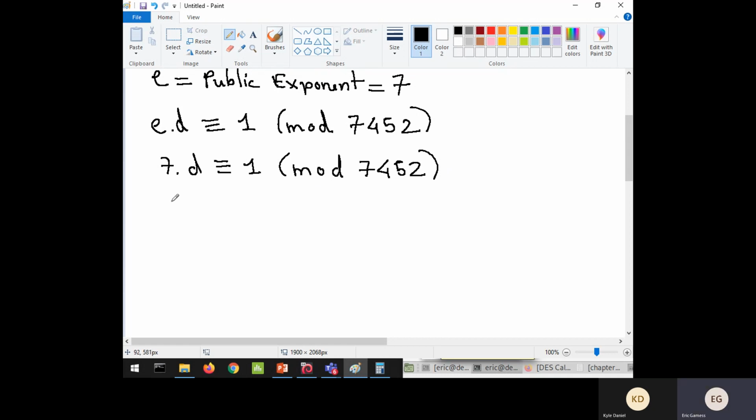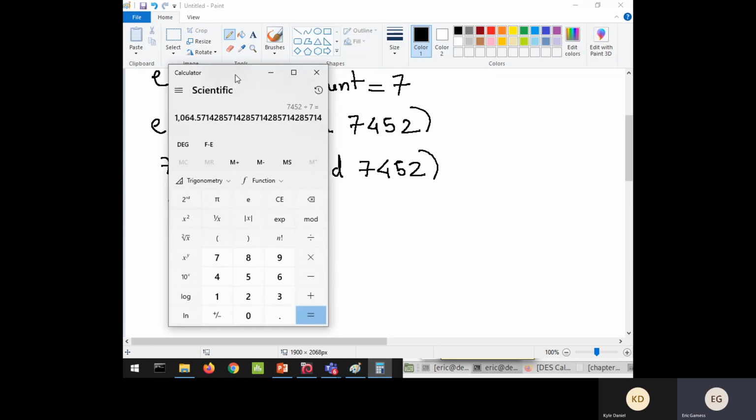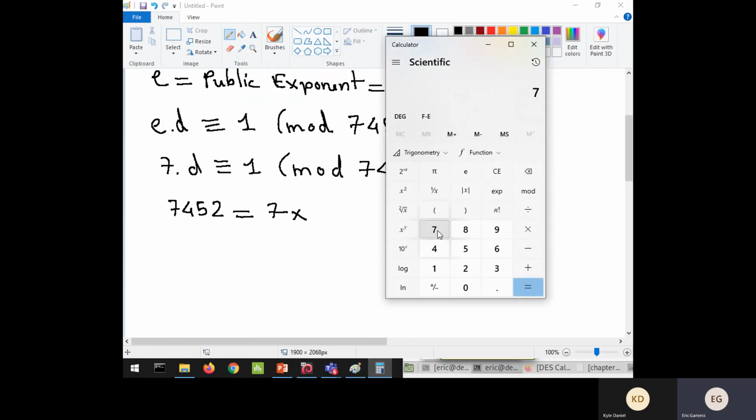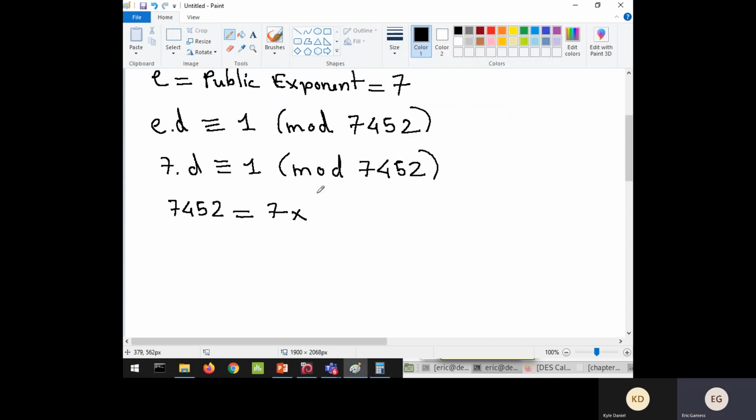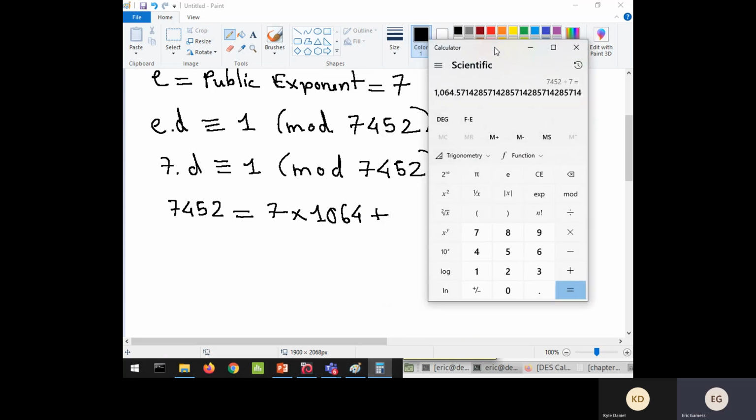So if we compute it, we need to express 7,452 in function of 7. So let me take my calculator. 7,452 divided by 7 is 1,064. So it will be 7 times 1,064 plus something. How do I compute this something here with the calculator?